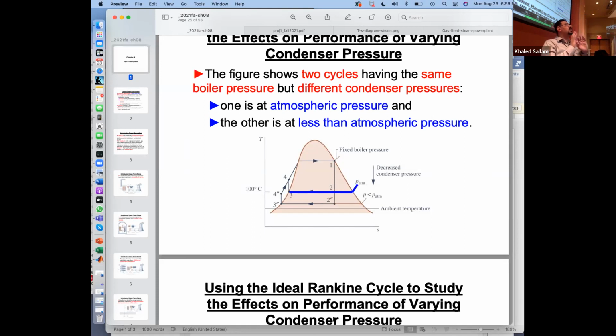So again, it's not how tight the condenser is. They can build a tight condenser. Don't worry about the pressure. What do you mean? No, it's not that. And I'm not talking about left and right, I'm talking about up and down. Why can't I take the condenser pressure down? Why is there a line that I cannot go below?